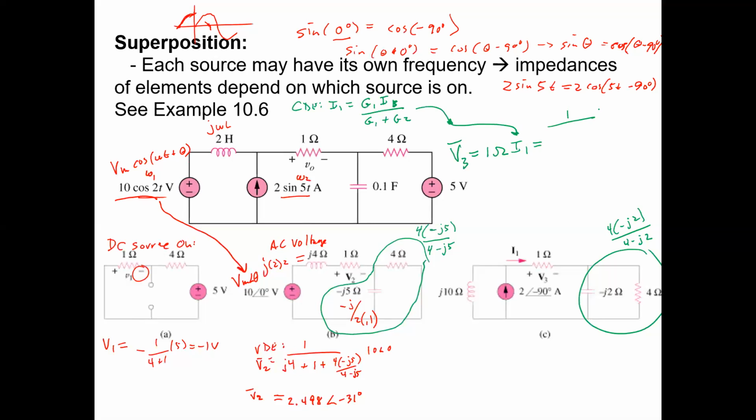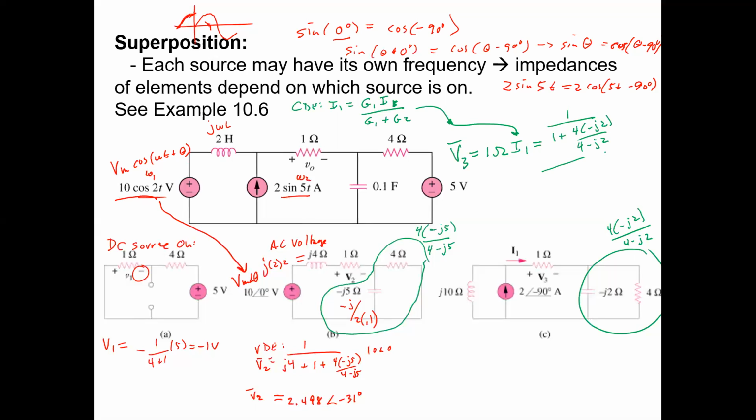So the G1 is going to be the impedance of the path that I1 is going through all the way from the top part of that current source to the bottom side of that current source, right? And the impedance of that path is going to be 1 ohm plus this combination 4 times minus J2 over 4 minus J2. So we say, okay, it's 1 over 1 plus 4 times minus J2 over 4 minus J2.